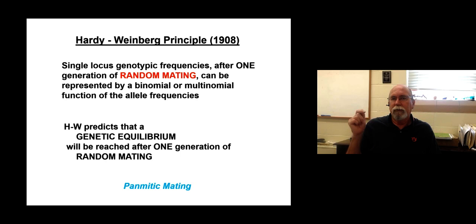So if you've got an extremely rare allele, like 1%, it should only be involved in 1% of the matings, whatever type of mating it was. 99% should be the other allele. Or if you've got 50-50, like we did with our fly example, about half of the matings should involve the normal wings and half the others. So panmictic mating means it's based on the allele frequency.